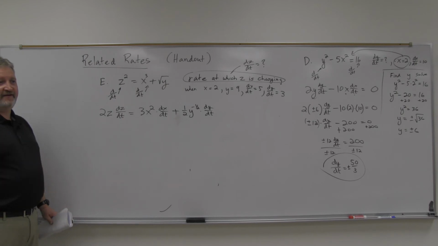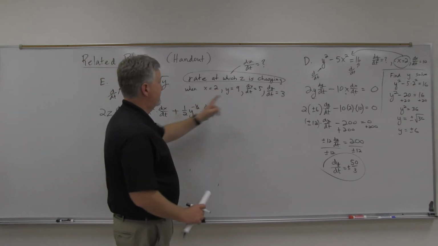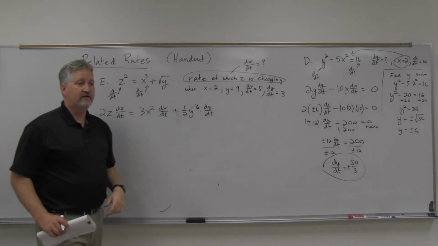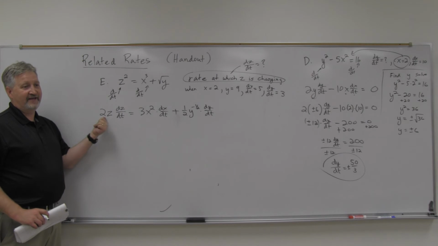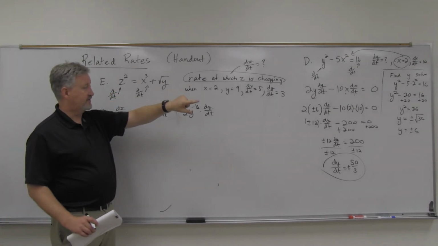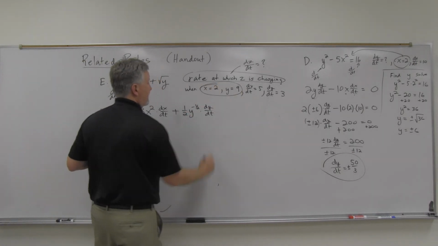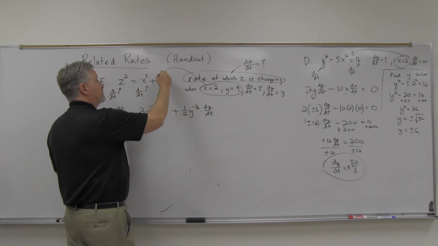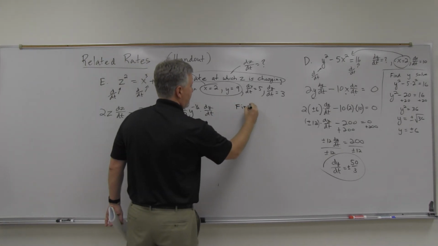So I'm pretty well set with that, because I've got x, I've got y, I've got dx over dt, I've got dy over dt. However, dz over dt is what I'm looking for, and again, I need z, don't I? So that's where, like on D there, I go with x is 2 and y is 9, plug those into the original equation, and we can find z off of that.